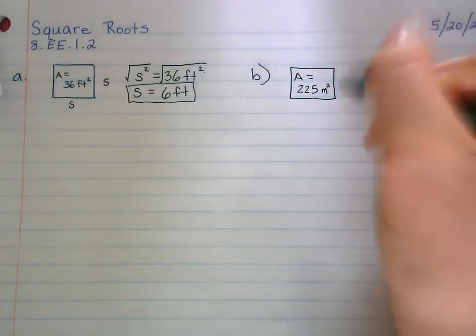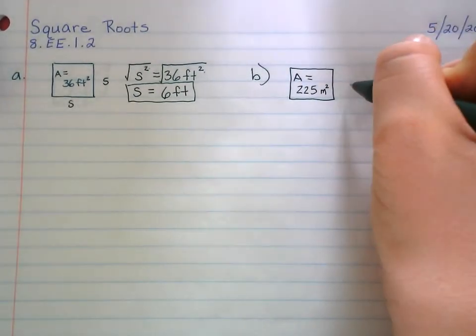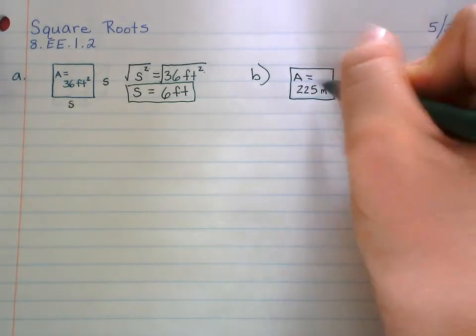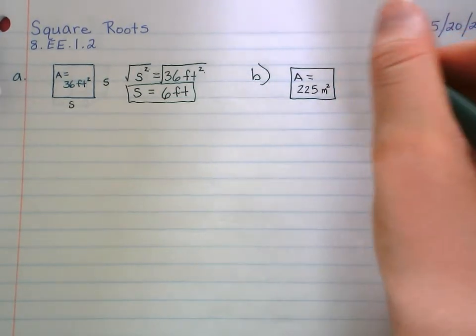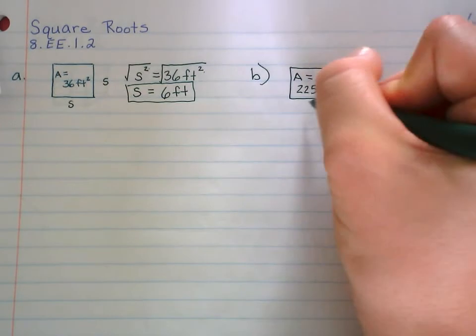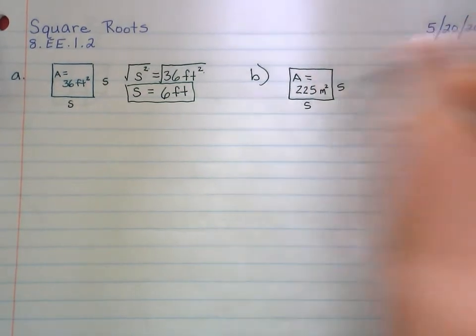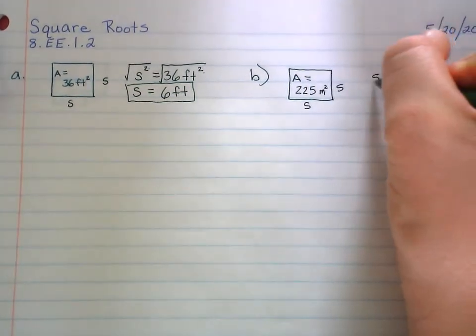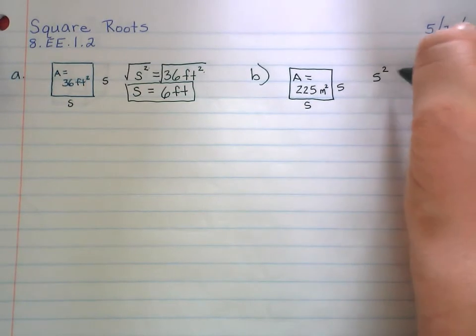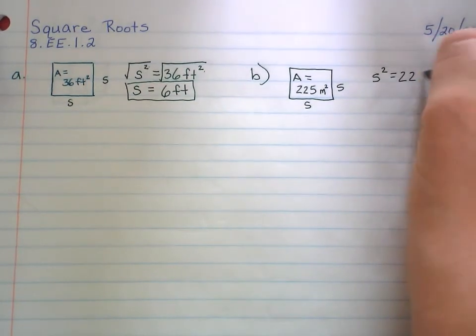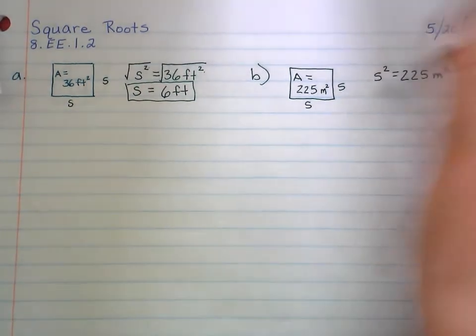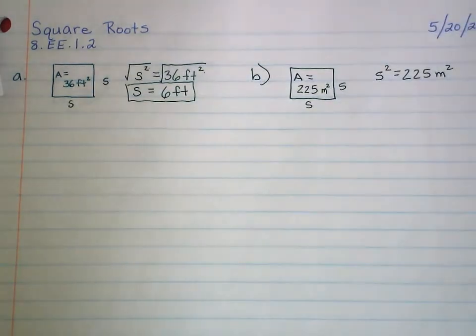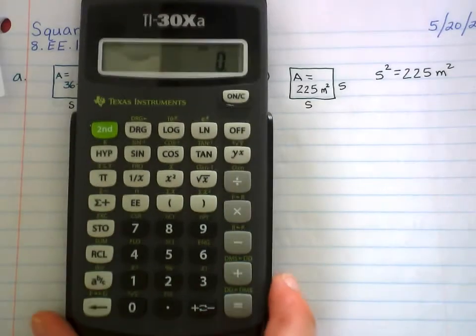Well, all you've got to do is, we know side times side equals 225. So if side times side equals that, so side squared, s times s, equals 225 meters squared. Well, what number times itself equals 225? Just do the square root.